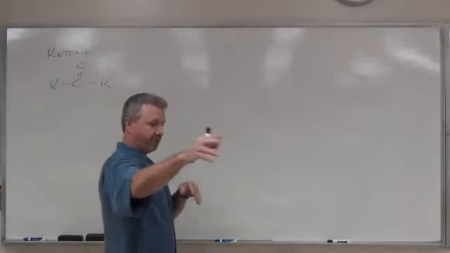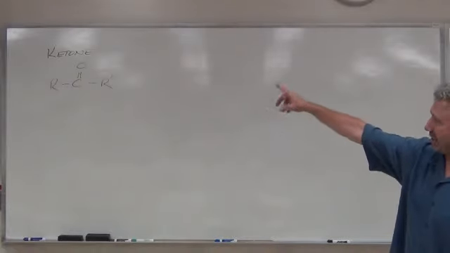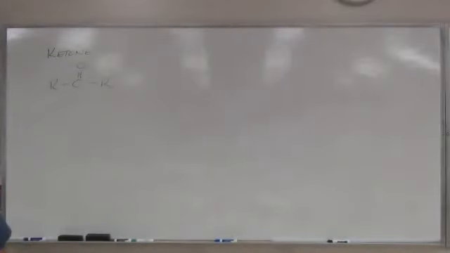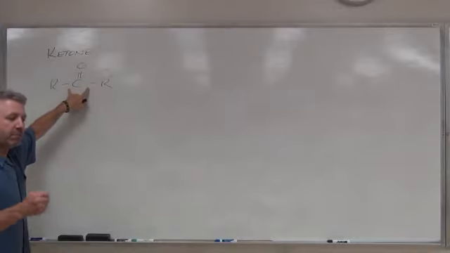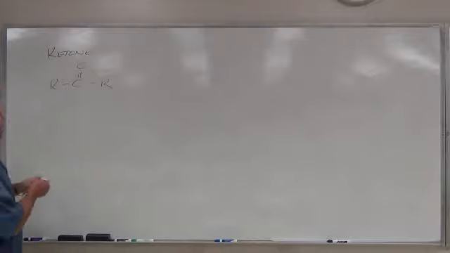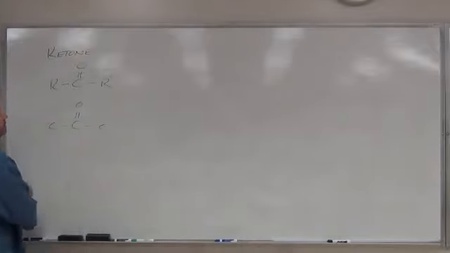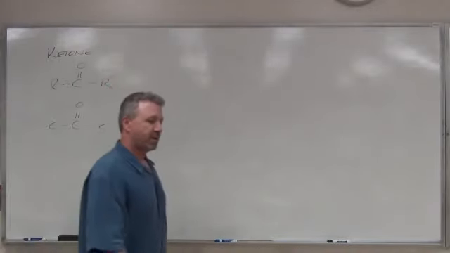We have a lot of different types of alkyl groups. The ketone has the carbonyl group, the C double bond O. So 2 of the bonds are defined. The remaining 2 bonds on the carbonyl carbon must be to other carbons. That's a requirement to be an aldehyde or a ketone. Okay, you have to be bound to carbon. So a lot of times you can see this thing written like this. You have to have carbon here. What comes on after on both sides doesn't matter, but you have to have carbon.